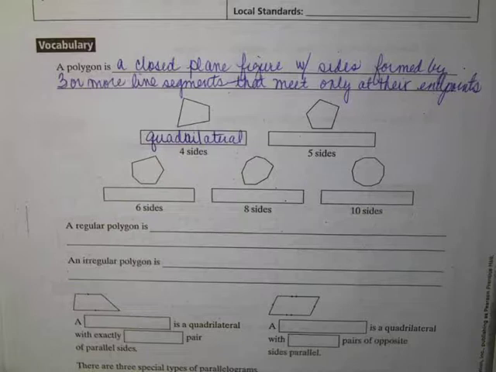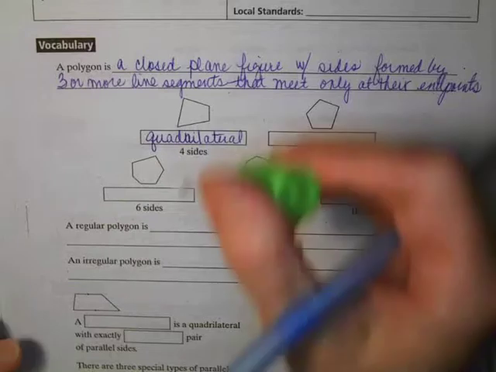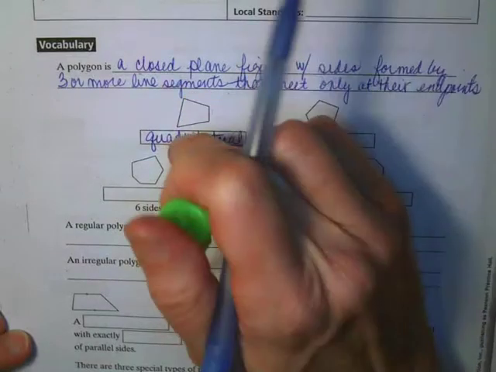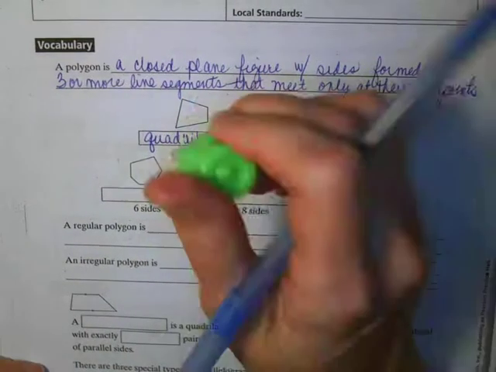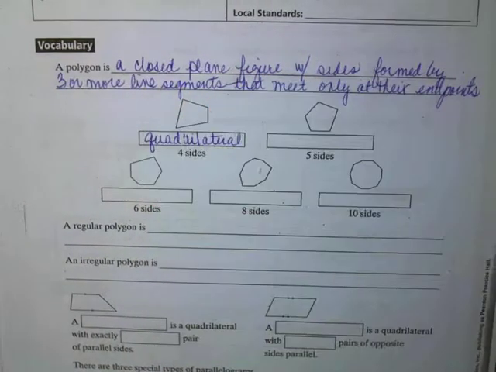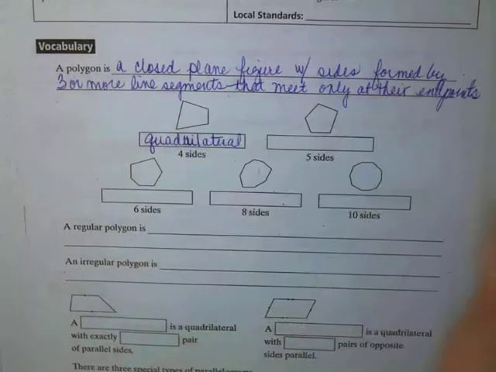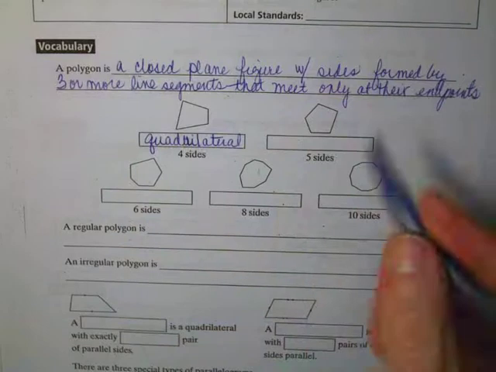Let me make my R a little prettier there. So anything with 4 sides can be classified as a quadrilateral. As you'll see soon, though, there are many special types of quadrilaterals as well.